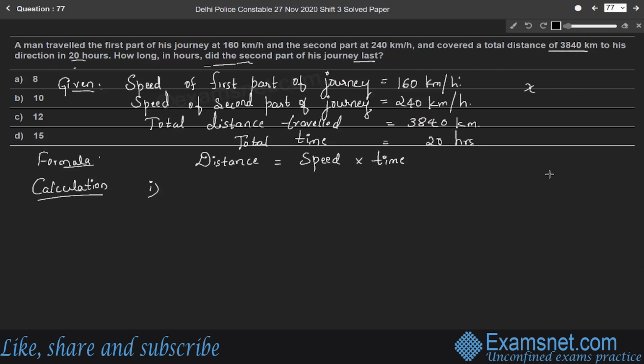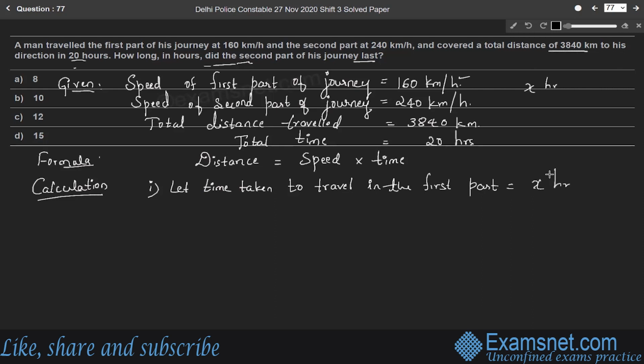Since the speed is in terms of kilometer per hour, let time taken to travel in the first part of the journey be x hours, right?